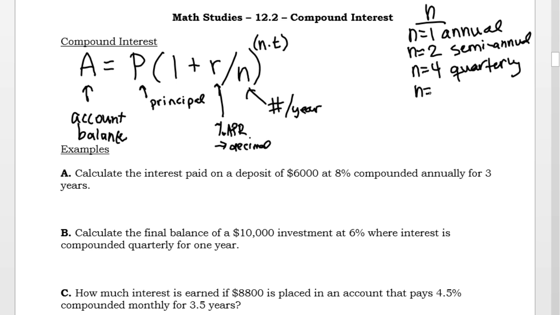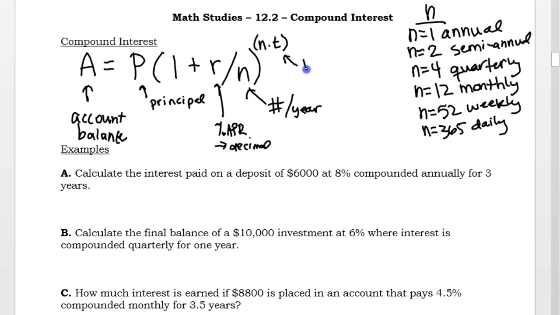We'll go monthly and weekly and daily. Okay, and then T is the number of years. And I think that's it for the formula.